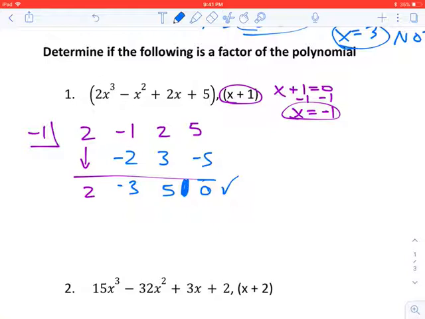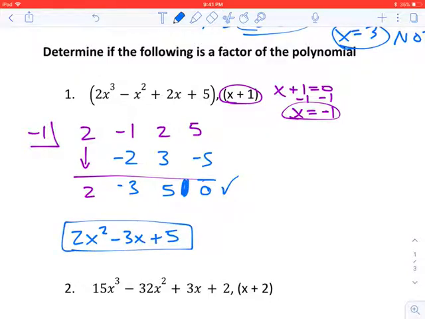That binomial is a factor. So I evaluated to get 2x squared minus 3x plus 5. That's the evaluated version.